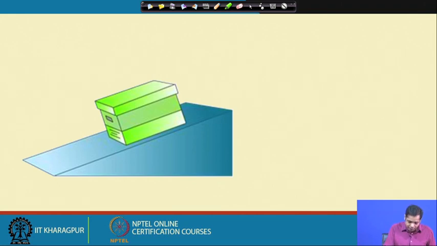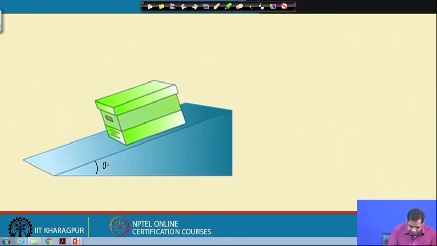Suppose we have an object, and suppose this angle is theta. Suppose the load W is acting downward like this. We will be discussing stress and strain in detail; we are just trying to set the platform today, since this is the first lecture on stress and strain.